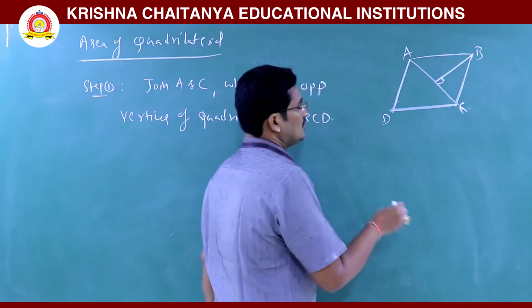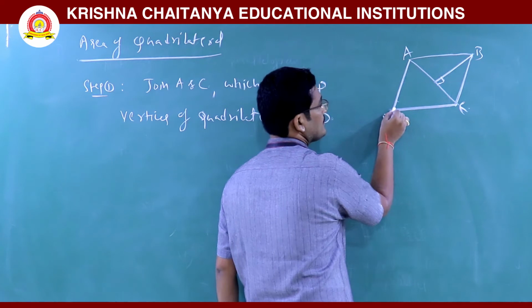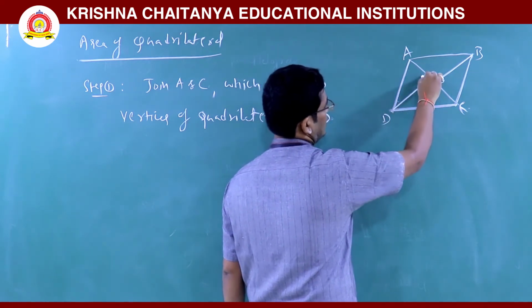In a similar way, drop one more perpendicular line from D to the same line, like this.